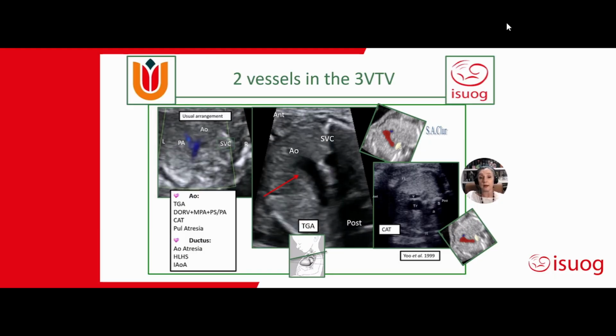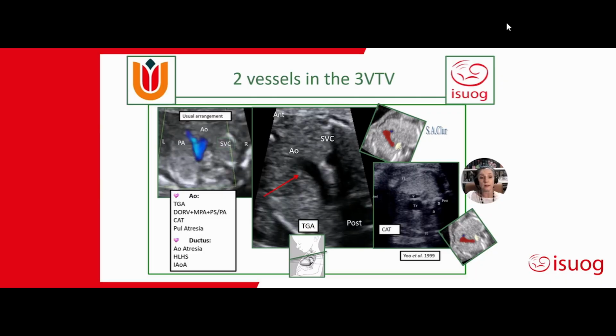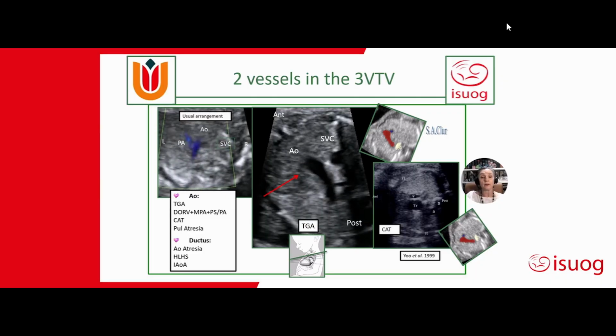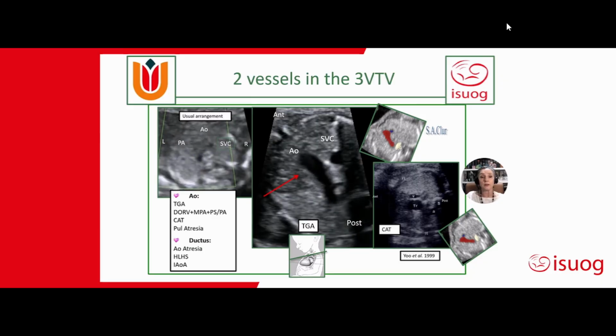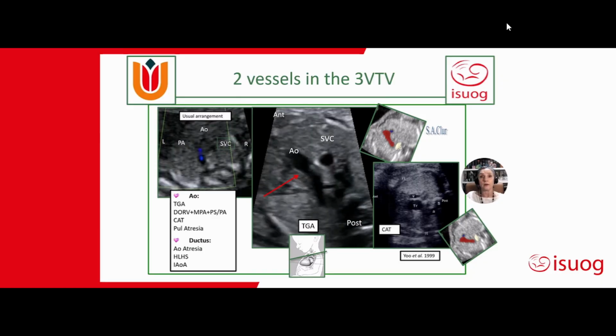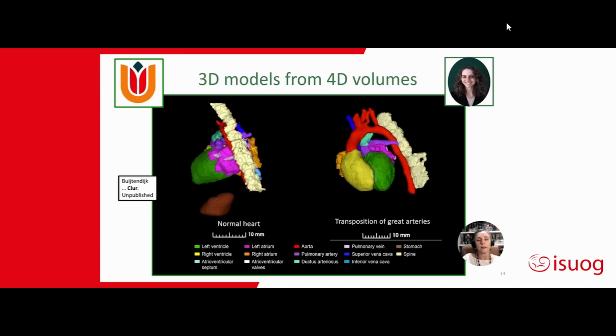Should this vessel here be a duct and not an aorta, then you may be dealing with aortic atresia, hypoplastic left heart syndrome, or interrupted aortic arch.